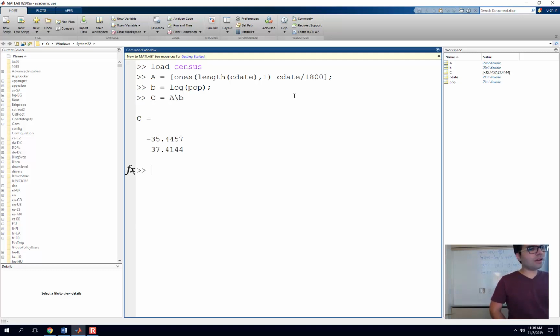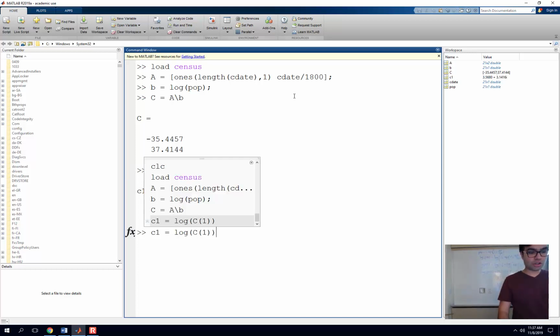I have two values. The first element, I need to take the exponential because the first element is log of C1. So C1 is equal to the exponential of the first element in C, not log.